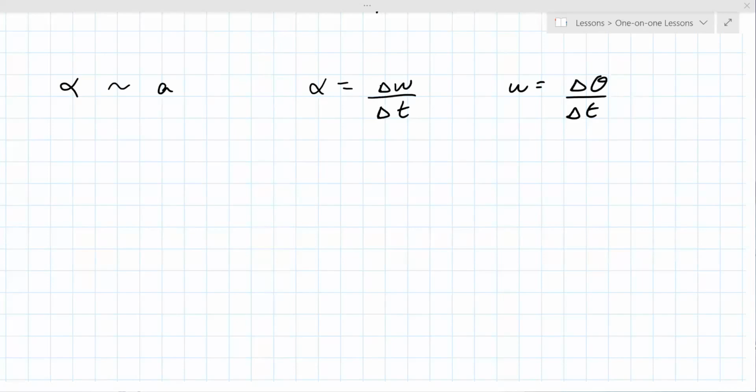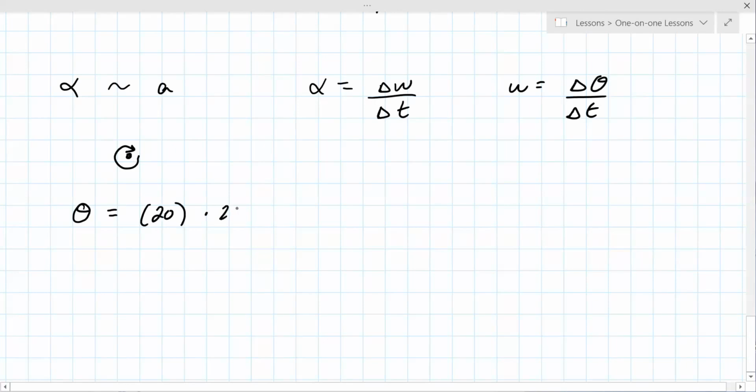So the amount of angle that it rotates: this thing is spinning over and over again. The angle it rotates is 20 times 2 pi. So that gets you to 40 pi radians.